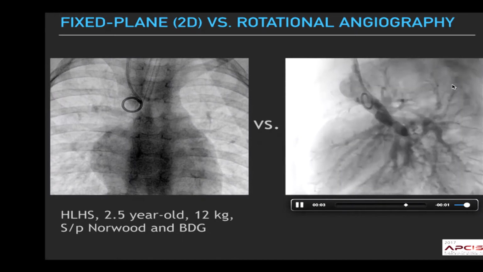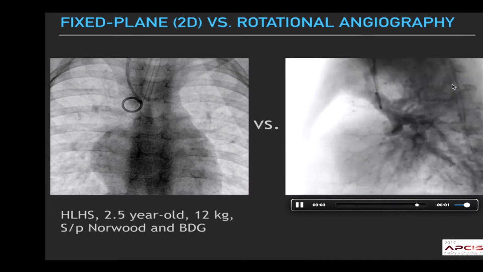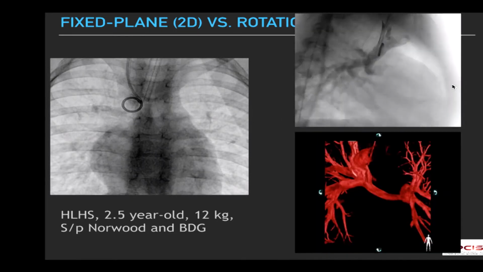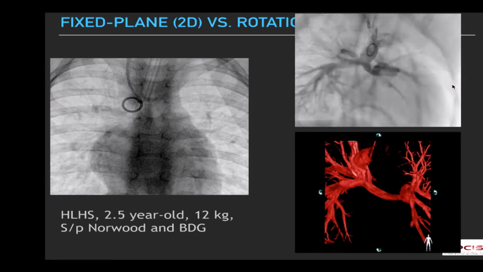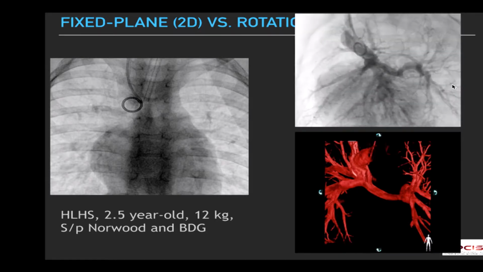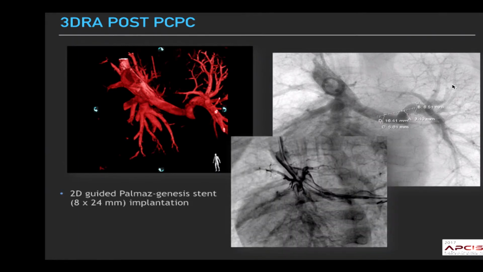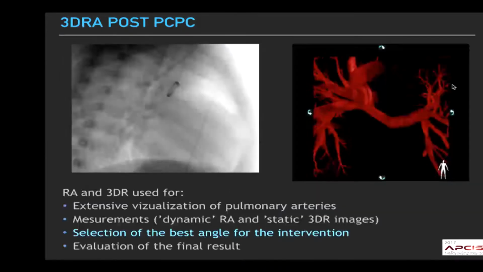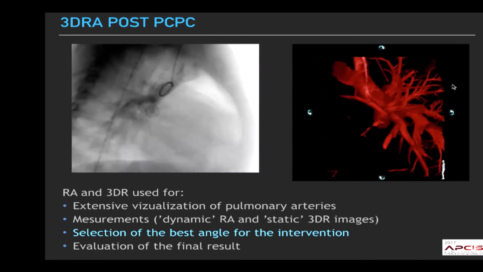And again, we can see that there's a problem with the pulmonary artery, predominantly the left, but also the proximal right pulmonary artery. And not only do we have many 2D angiographic images, we also have 3D reconstruction. In the next stage, we use 3D reconstructed images to select the best projection. Yet we took the measurements on 2D angiography, and we used 2D imaging to guide stent implantation and to assess the final outcome after stent implantation.